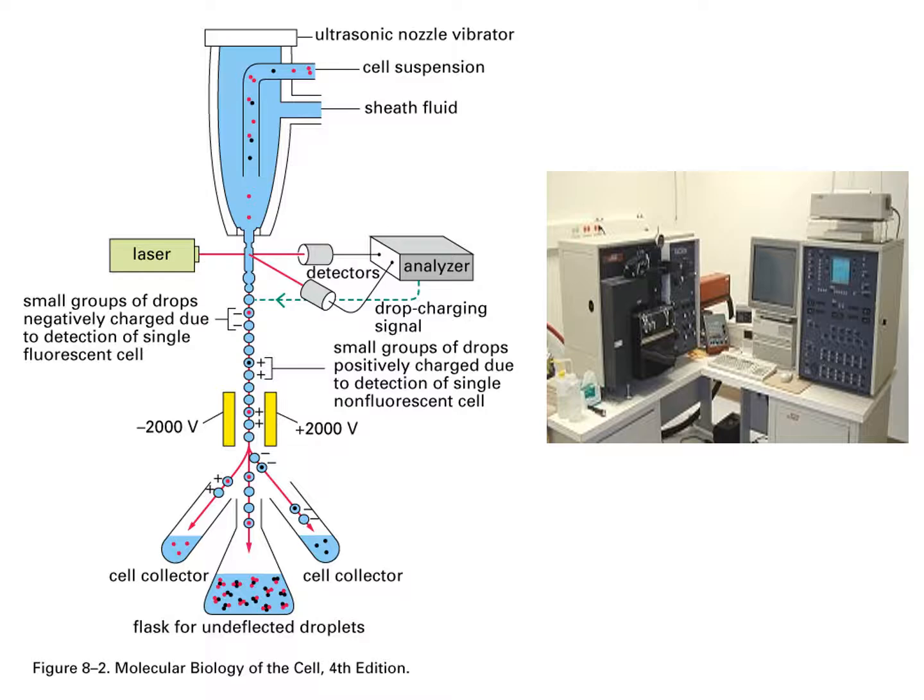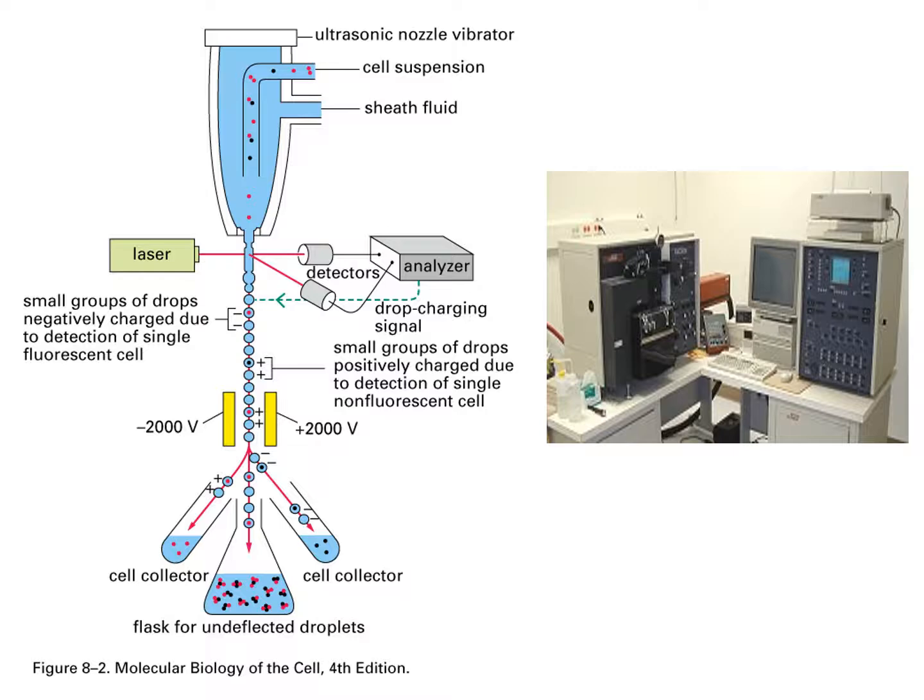If you ask the question, how many cells in the suspension, you'll count the number of cells and how many were red, how many were blue. And then small groups of drops right here eventually can get a negative charge or a positive charge. And so there is a charge that can be applied right after or during the detection.